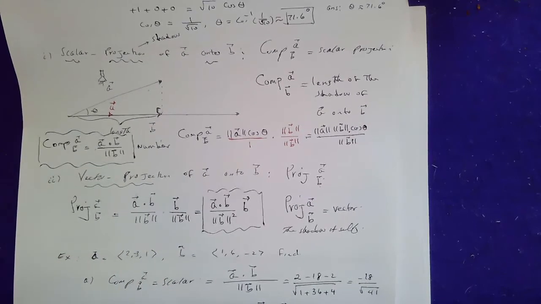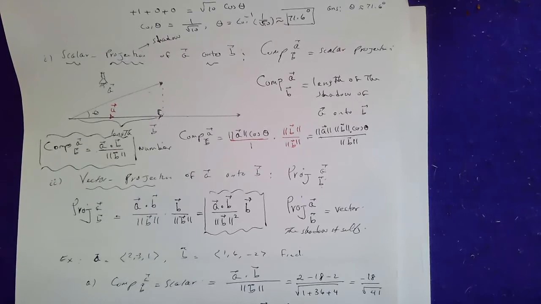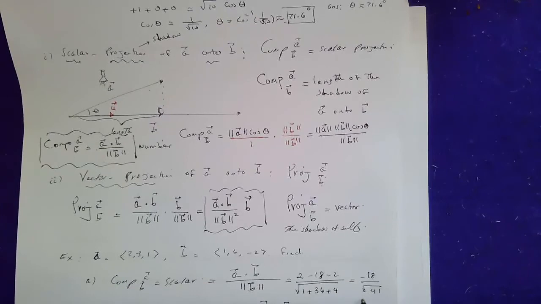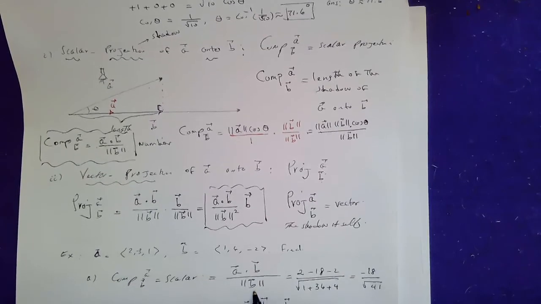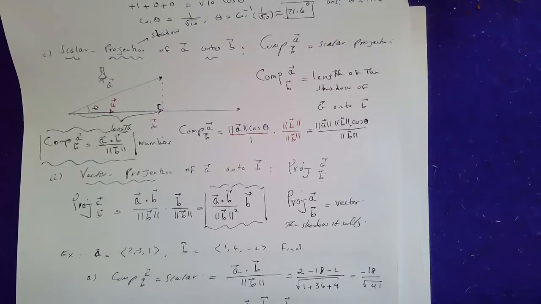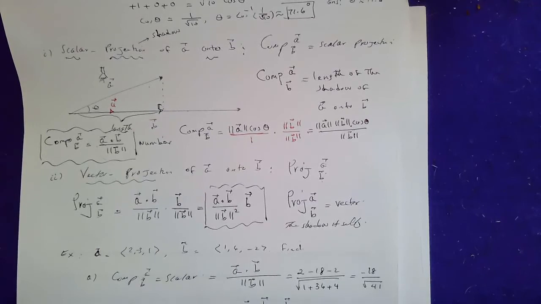So the answer is A dot B, which is negative 18, over the magnitude of B squared, which is 41, times the vector B, which is 1, 6, negative 2.